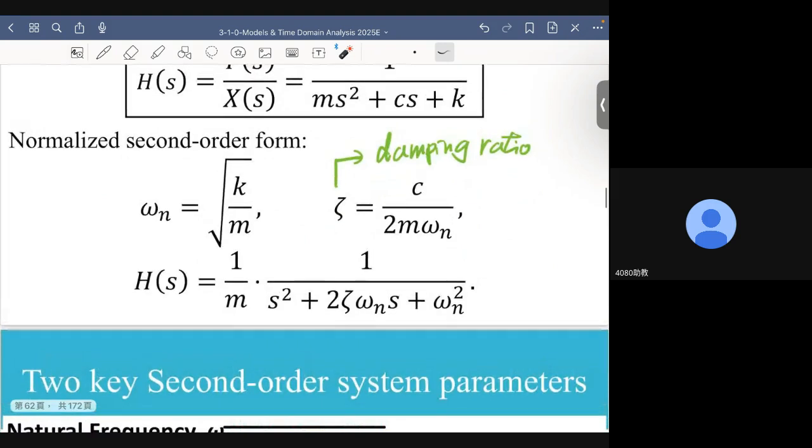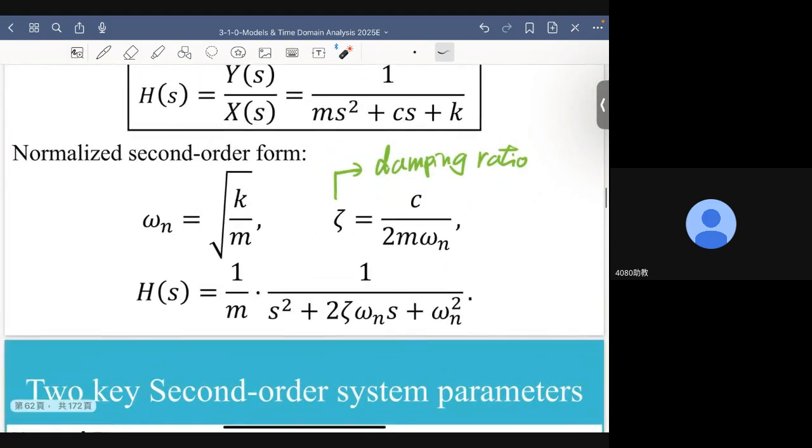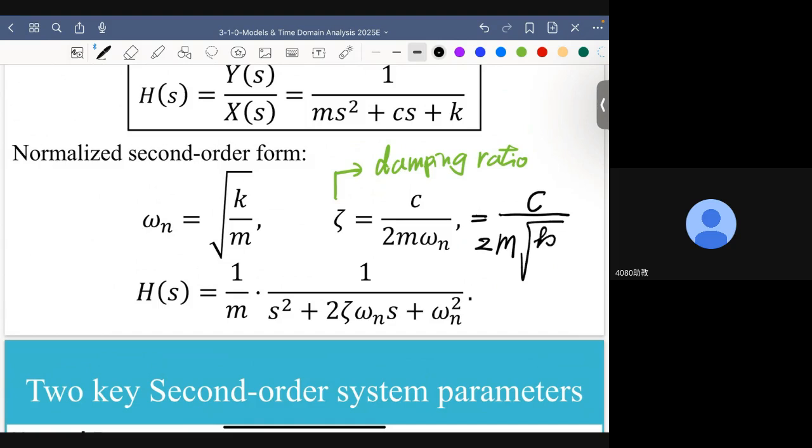To understand that, let's rewrite this representation. This can be rewritten as C over 2M times omega N. Remember that omega N is the square root of K over M, right? It is written here.